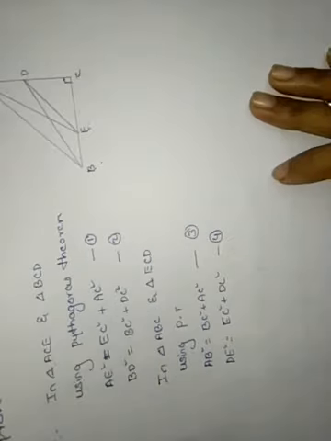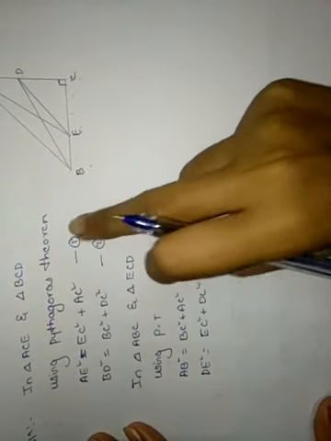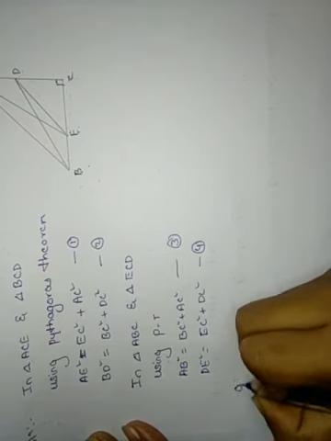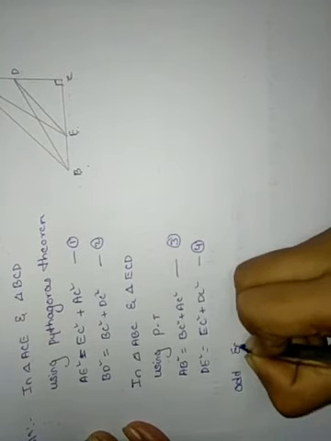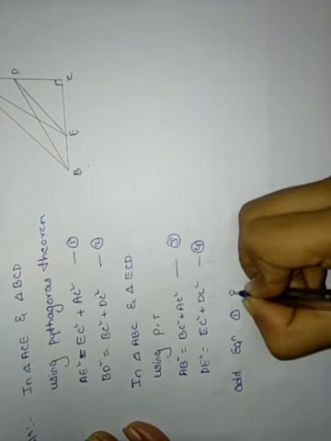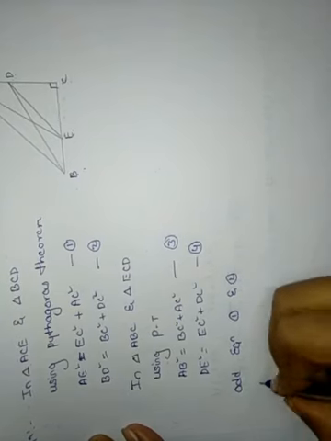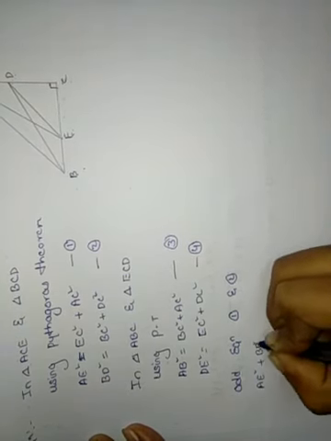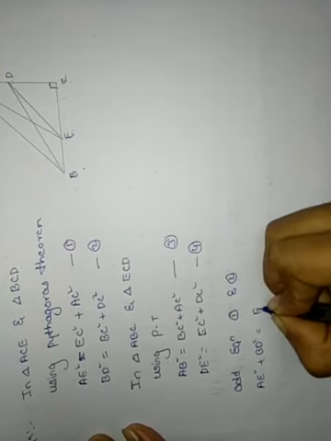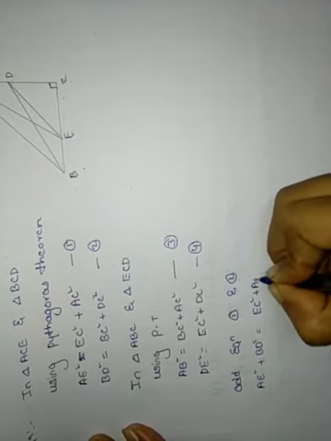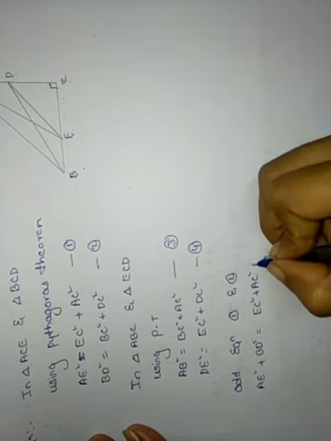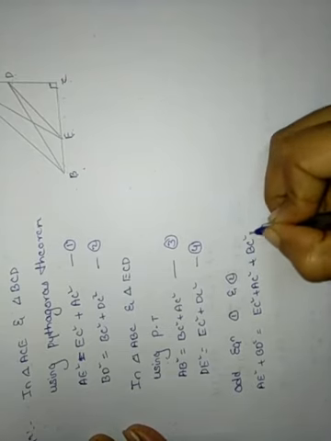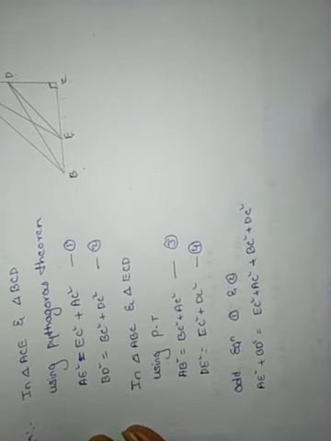Now we'll add equations 1 and 2. We will get AE square plus BD square is equal to EC square plus AC square plus BC square plus DC square, right?